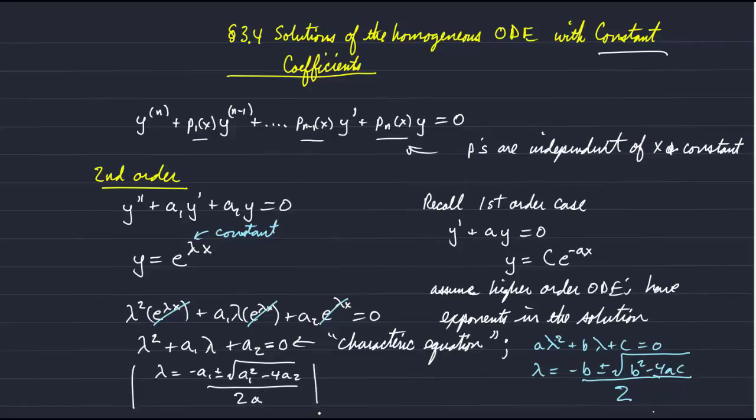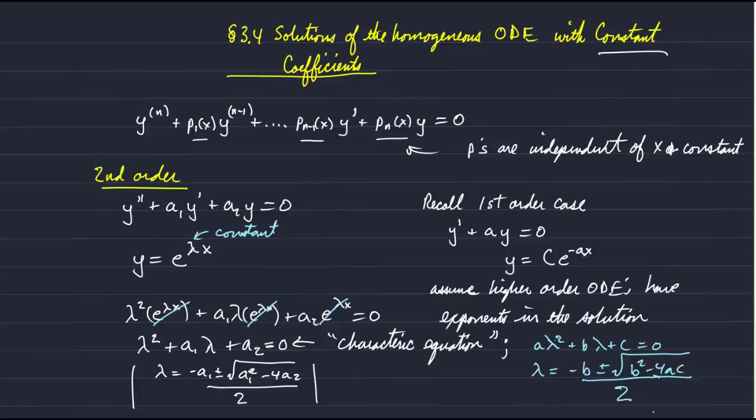Okay, so the solution to a quadratic equation has two roots: minus a1 over 2 plus the square root of this, or minus a1 over 2 minus the square root of this.